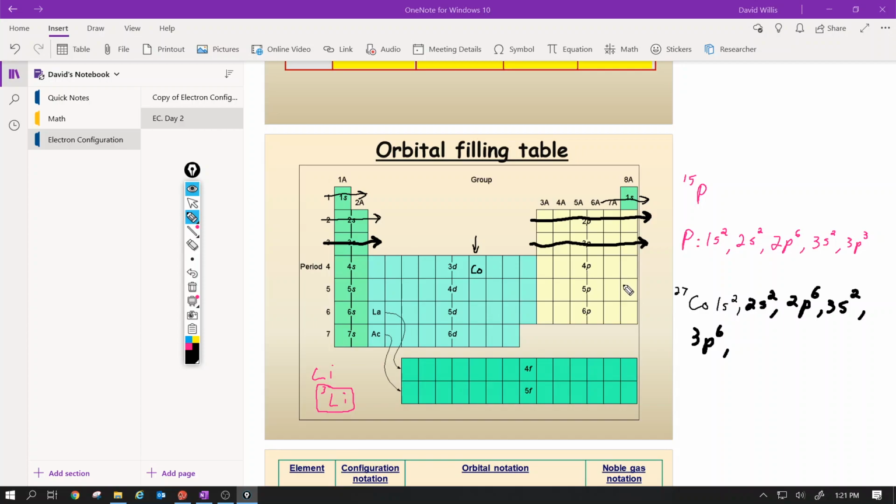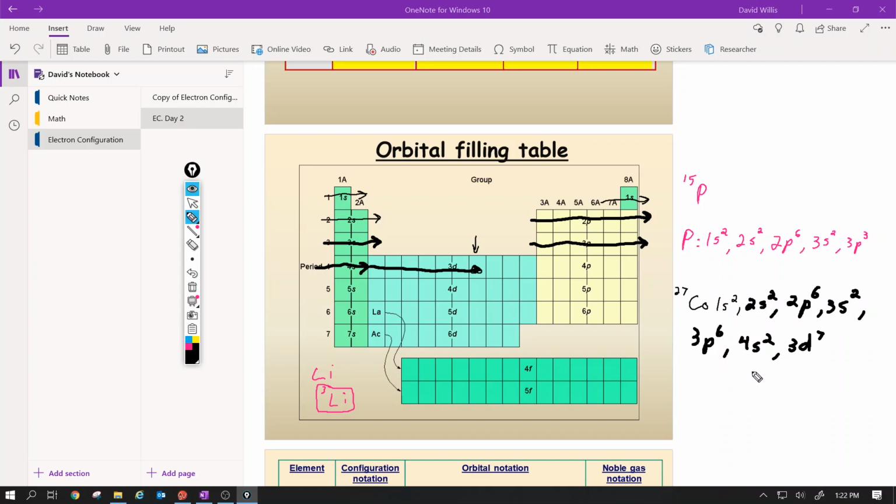So it's actually easier to start filling the fourth level before we go back and fill in the third a little more. So 4s2. Now we start filling the 3d, and we go 1, 2, 3, 4, 5, 6, 7. 3d7, and that is the electron configuration for cobalt.